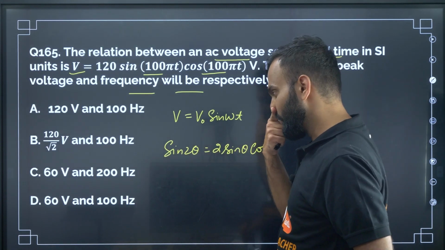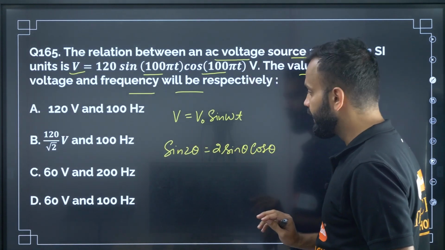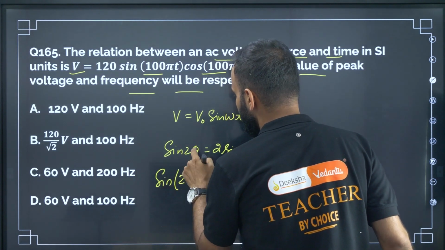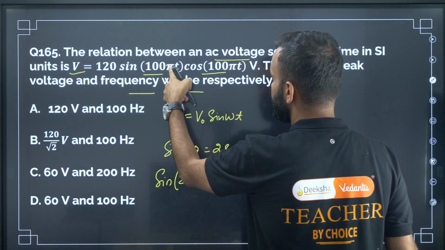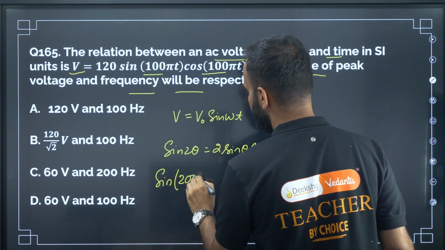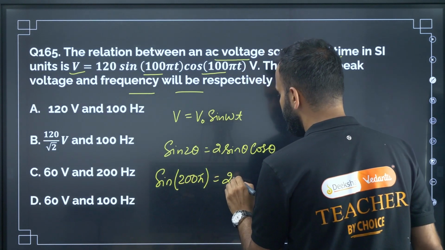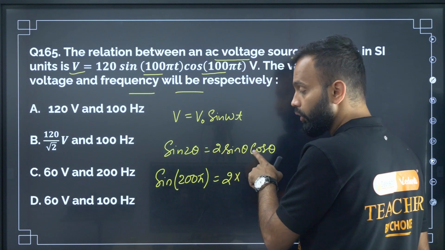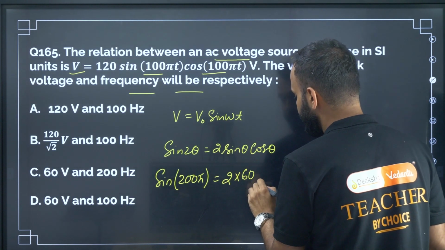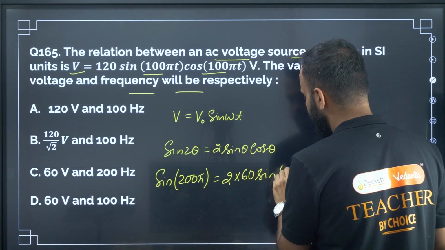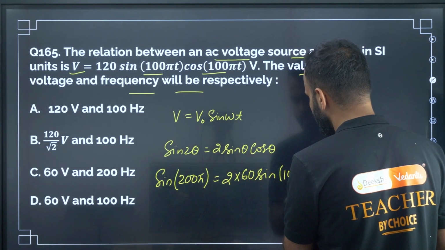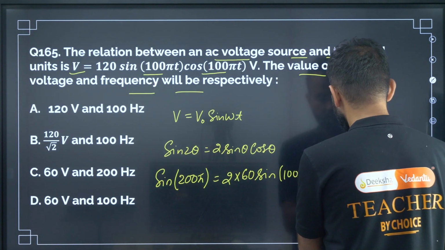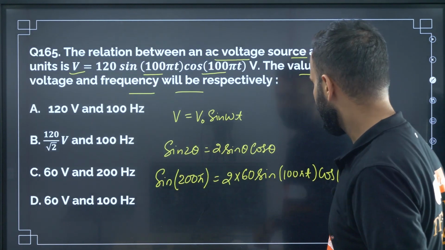Here theta is 100 pi, so 2 theta is 200 pi. So the equation becomes 2 into 60 into sine of 100 pi t into cos of 100 pi t.